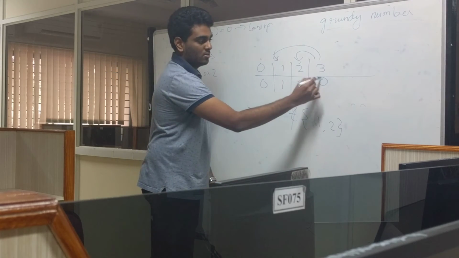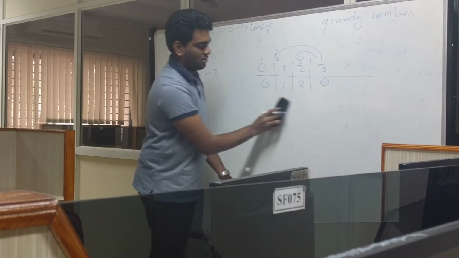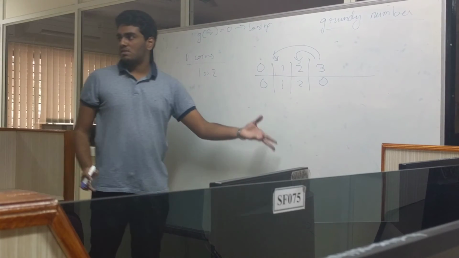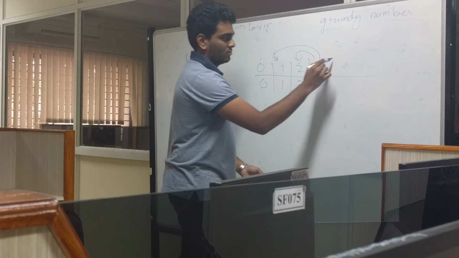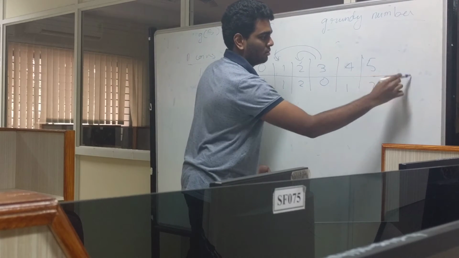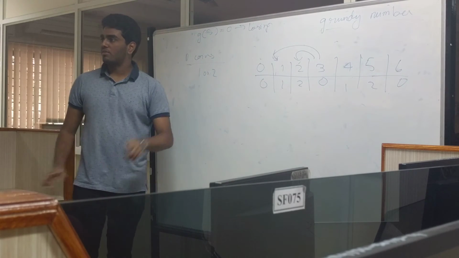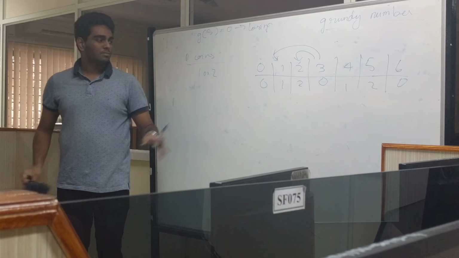So 3 is 0. Like this you can also define the winning state, losing state. For 4 it will be 1, for 5 it will be 2, 6 will be 0. Everyone following this?